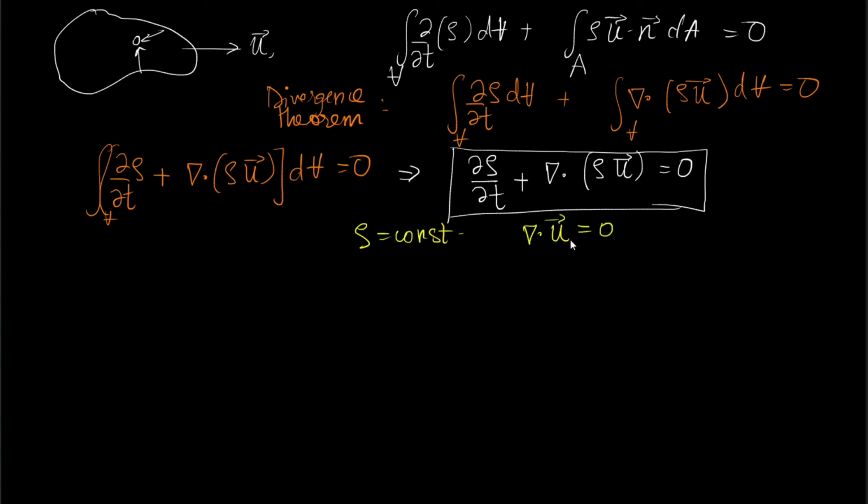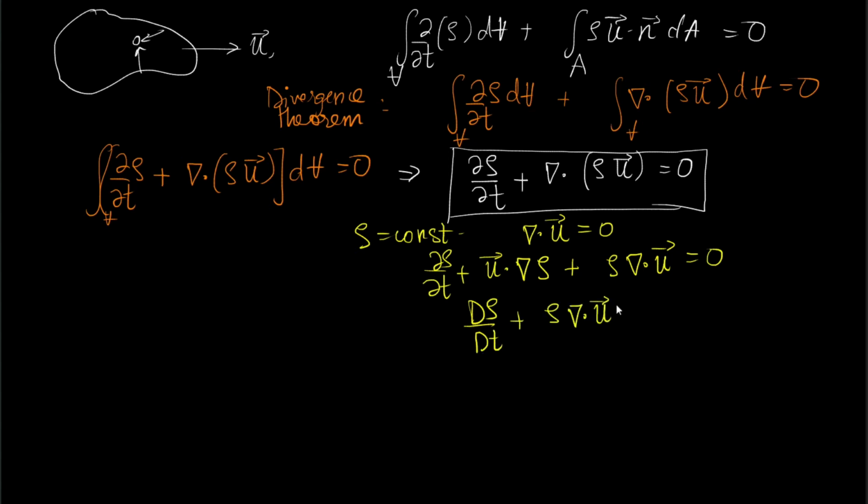And we have also seen the situation where rho can be variable, yet we can have ∂rho/∂t plus, if we operate this divergence operator on this, u dot nabla of rho plus rho times the divergence of u equal to 0, and this entire thing becomes the total derivative of the density plus rho times this equal to 0.